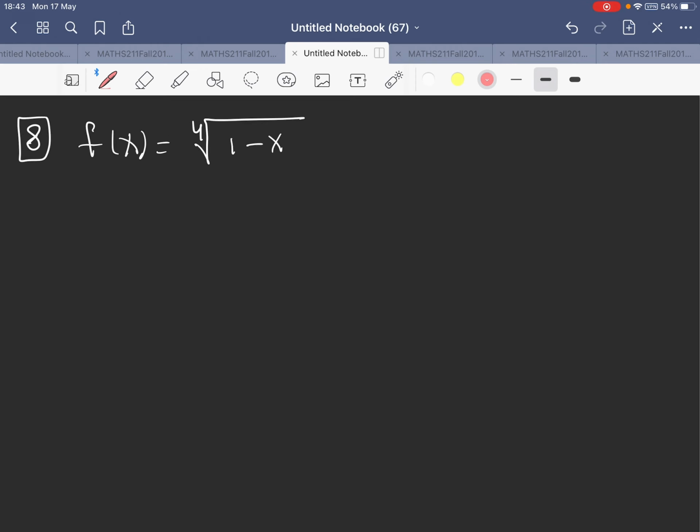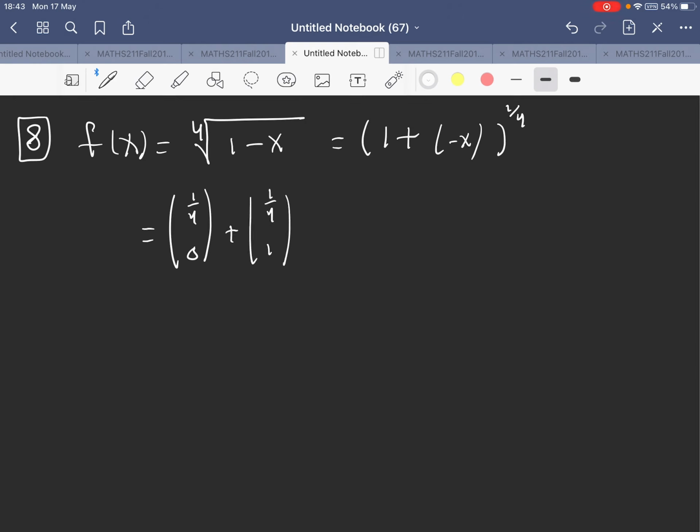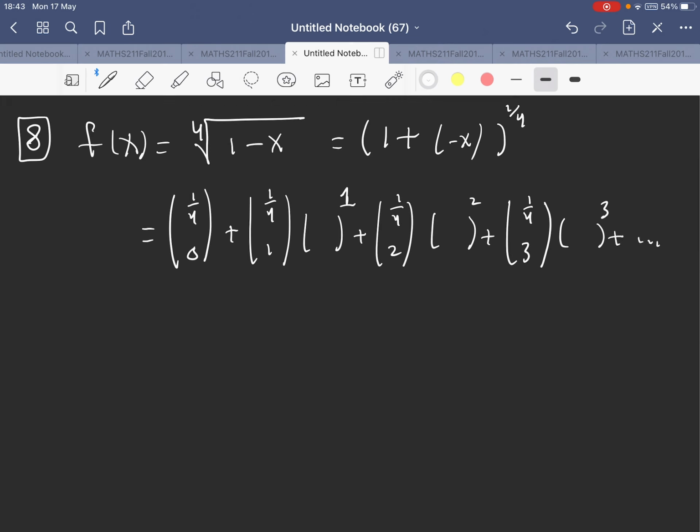Let's see this question. How do I know if it's a binomial series? It should be something to the power 1 over 4. It should be 1 plus negative x. Now, if we apply the power series, it should be 1 over 4 choose 0, plus 1 over 4 choose 1 and then something to the power of 1, plus 1 over 4 choose 2 and then something to the power of 2, plus 1 over 4 choose 3, something to the power of 3, and so on.